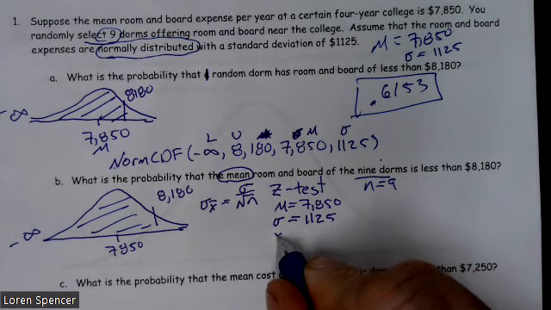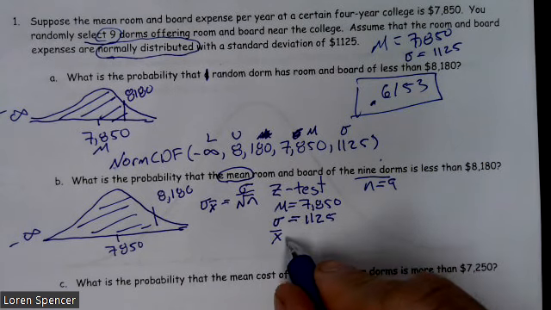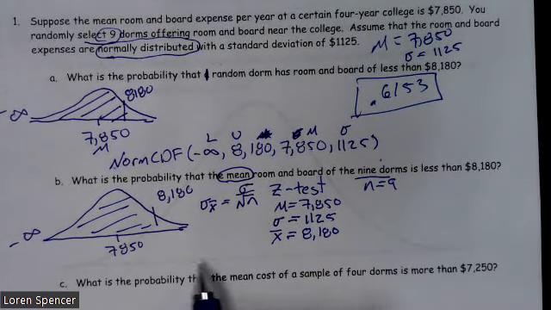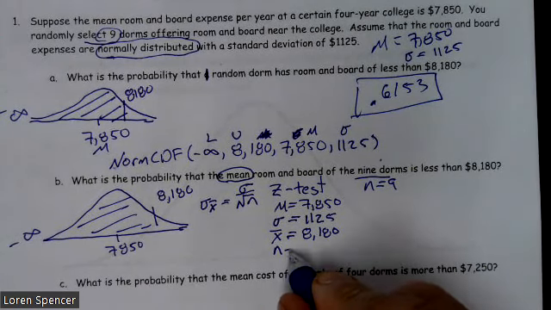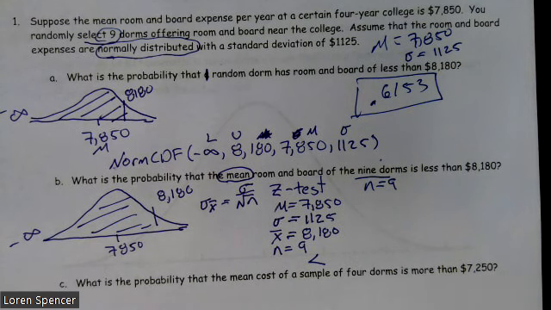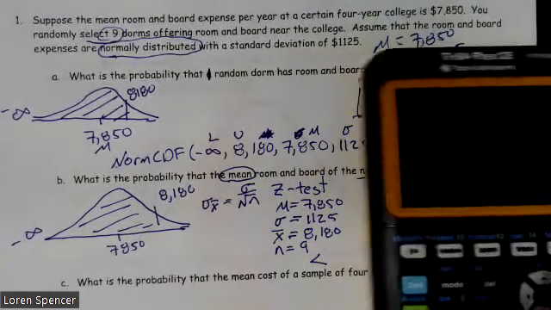Then it's going to ask you for the X bar, which in this case is 8,180. And then it's going to ask you for the sample size, which is 9. And lastly, it's going to ask you for the direction you're shading, which happens to be a less than because we're shading to the left.